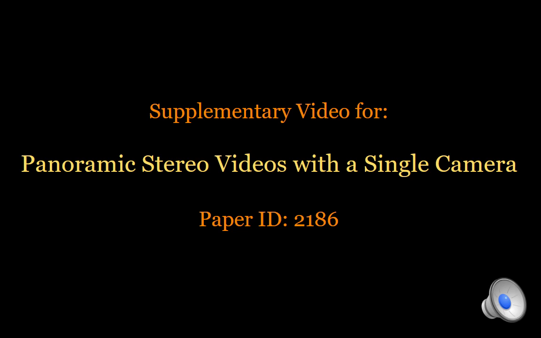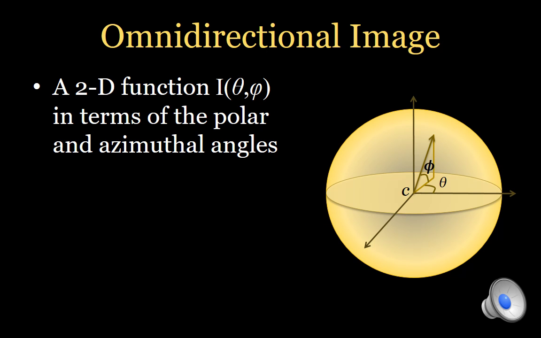This is a supplementary video for the paper titled Panoramic Stereo Videos with a Single Camera. If you think of an omnidirectional image, it is essentially a 2D function I of theta, phi, where theta and phi are the polar coordinates of the viewing angle.